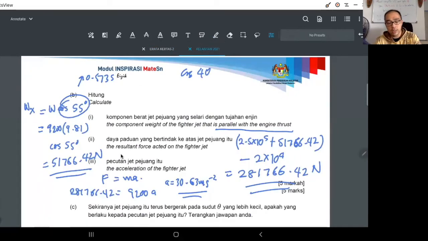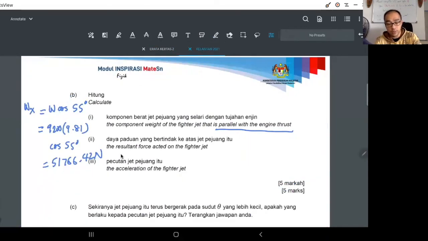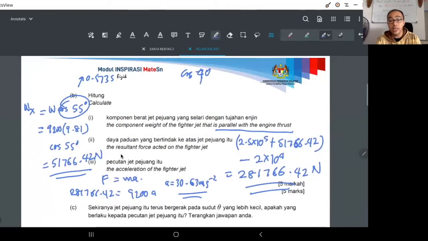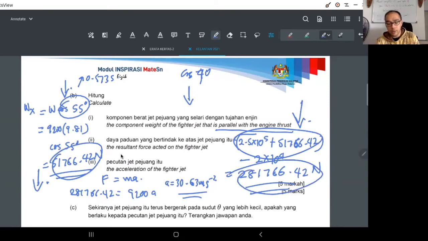So let's say I use cos 70. Cos 55 is 0.57. Cos 70, you get 0.3. So you get a smaller value. If the value of cos becomes small, then this value will become smaller.